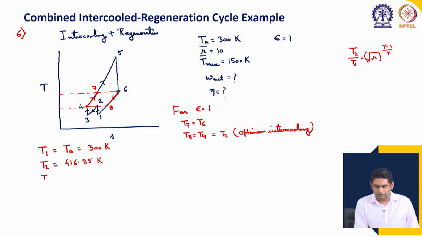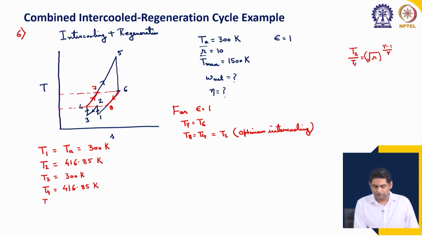Then T 3 is equal to T 1, which is 300 Kelvin, and T 4 is equal to T 2, which is again 416.85 Kelvin. Okay. We found half of the values.